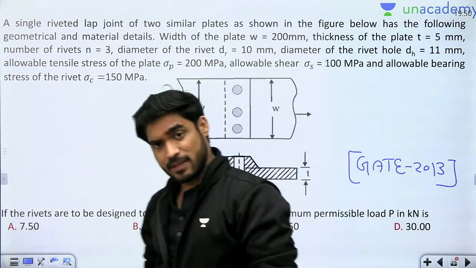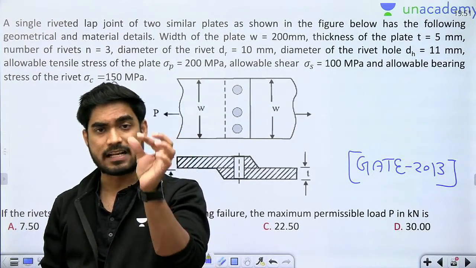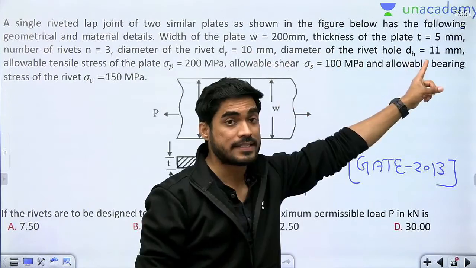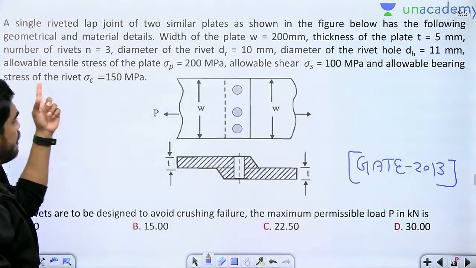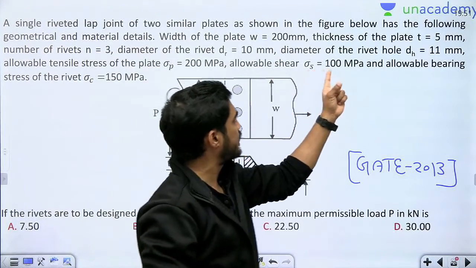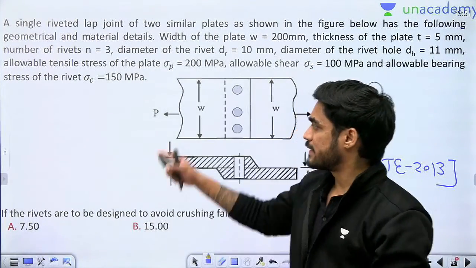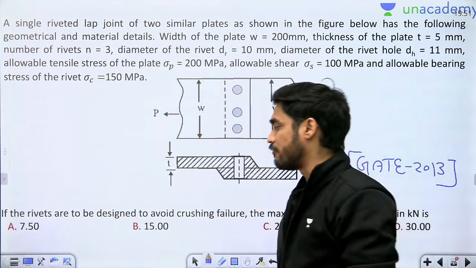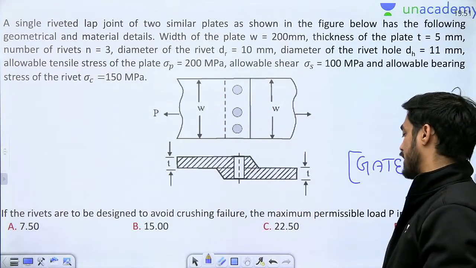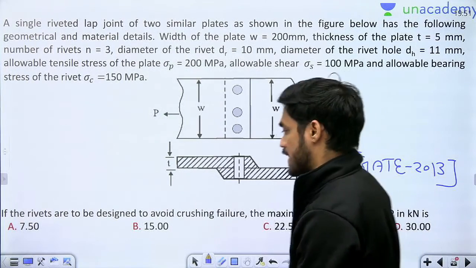I told you there might be some gap between hole surface and rivet surface. Allowable tensile stress of plate is 200, allowable shear stress is 100, and allowable bearing stress of rivet is 150. If the rivets are to be designed to avoid crushing failure, maximum permissible load is.